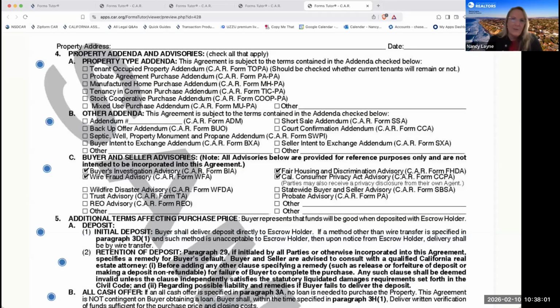If they're buying a manufactured home, there's an additional form that they add to this contract. The other addenda cover things like short sales, court confirmation, if it's a probate sale, that kind of thing. You're going to have probate up here, but then you might need court confirmation down here. So again, depending on the contract itself, it can add different addendums.